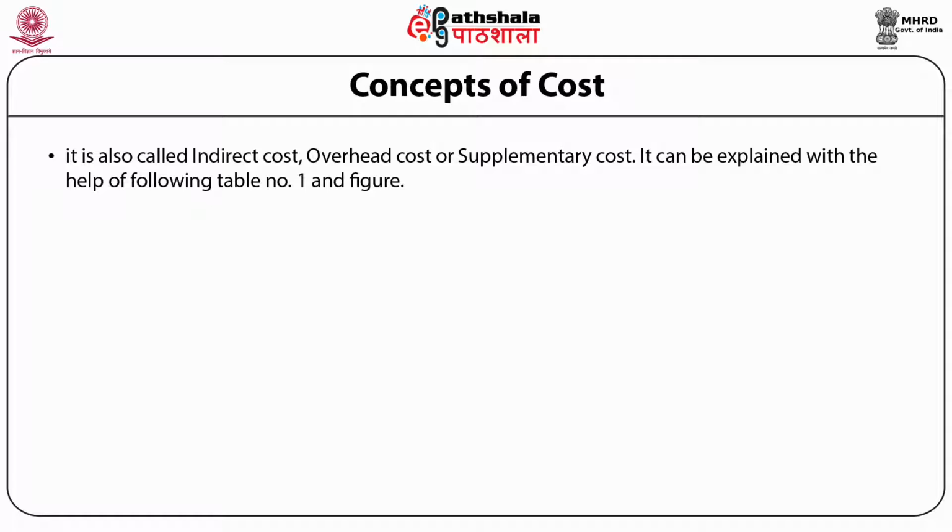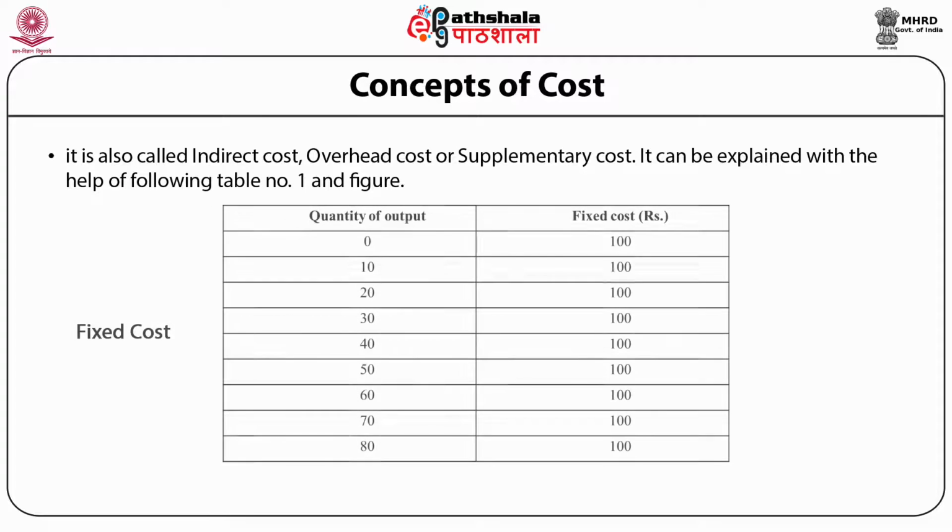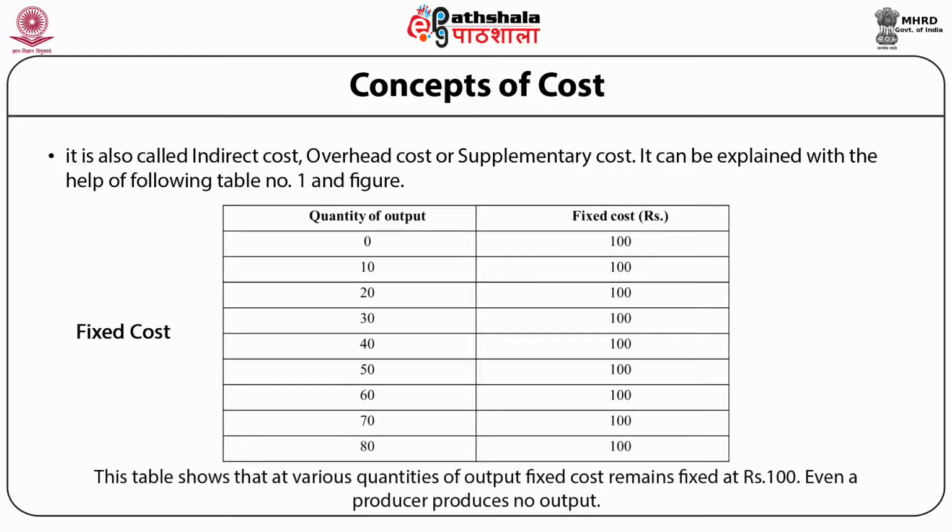It can be explained with the help of table and diagram. This table shows that at various quantities of output, fixed costs remain the same, that is rupees 100. Even when a producer produces no output, fixed costs remain the same, that is 100.